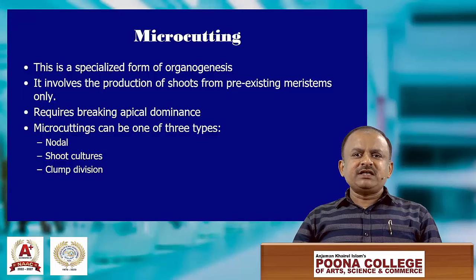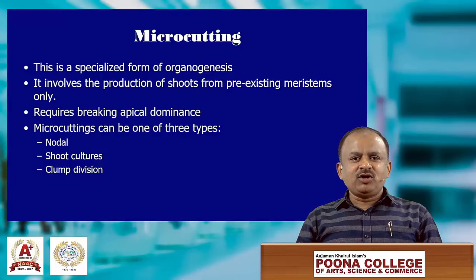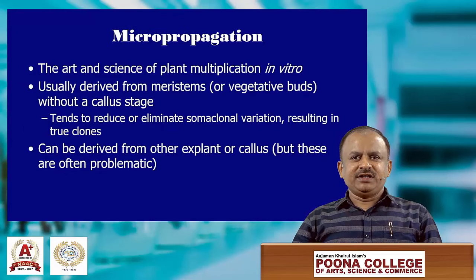Then the new concept, microcutting. This is a specialized form of organogenesis. It involves the production of shoots from pre-existing meristems only. It requires breaking of apical dominance. Microcutting can be one of three types: nodal, shoot cultures and clump divisions.